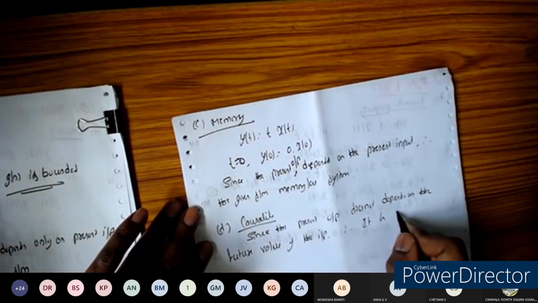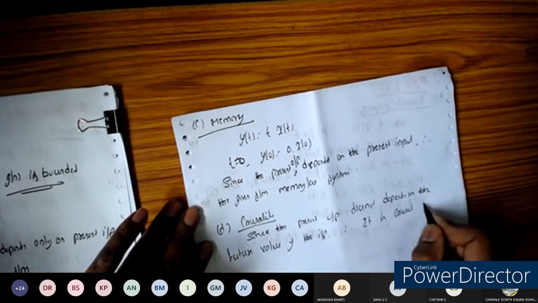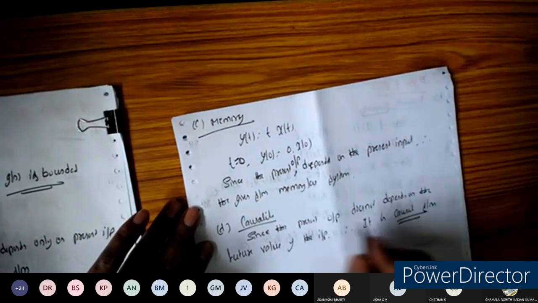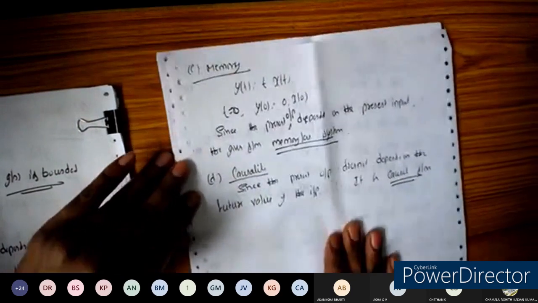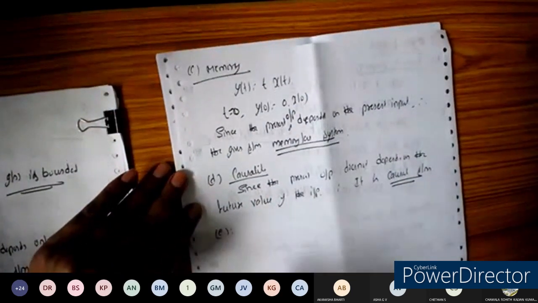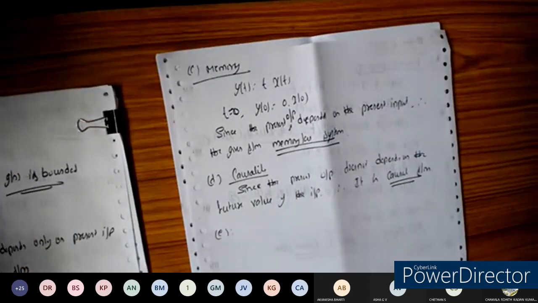Underline the properties you are going to get.